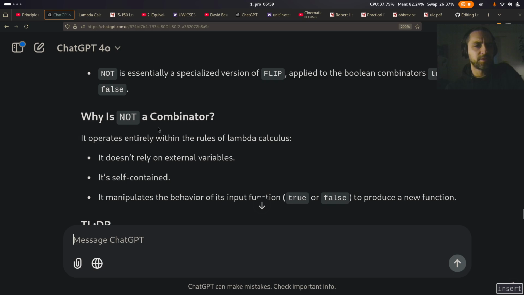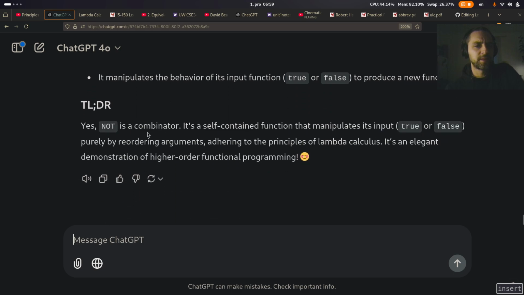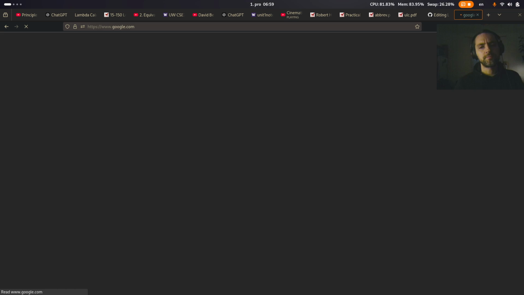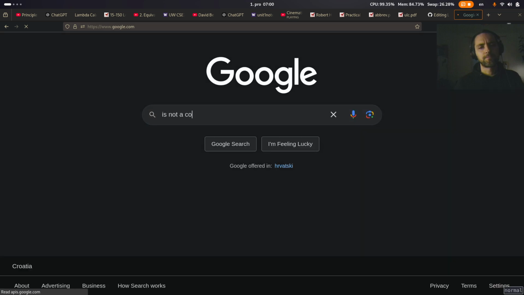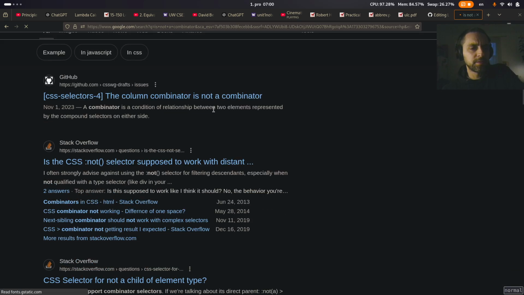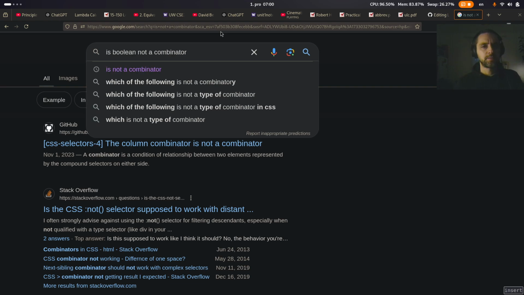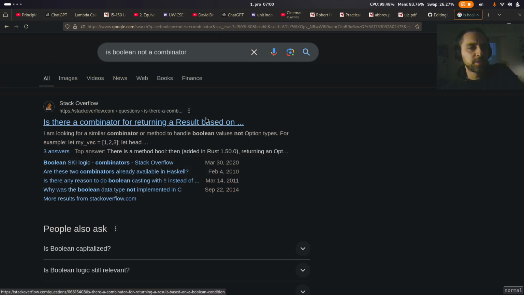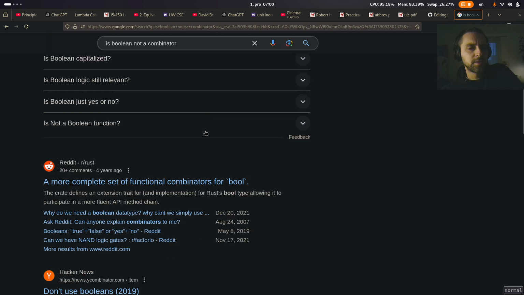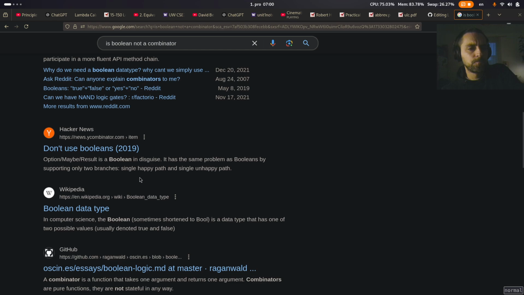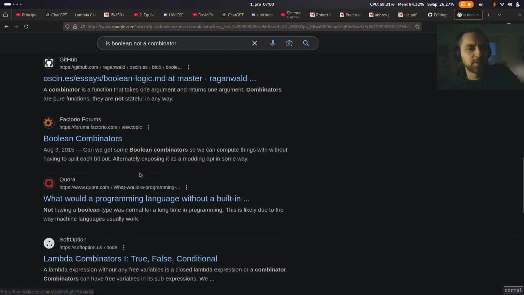Why is not a combinator? Is not a combinator? Is boolean not... Yeah, Google.